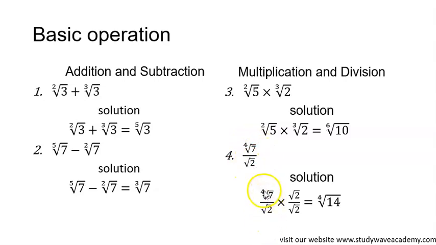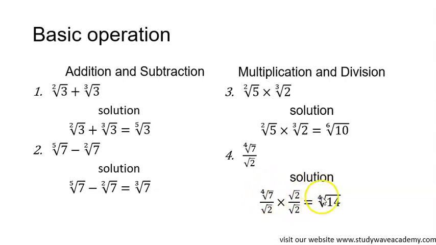That's why we have here the 4 root 7 over square root 2 times square root 2 over square root 2, okay? So this square root cancels this square root and we're left with 4 root 7 times square root 2. There is no 4 to multiply the other here, so we have 4 here and 7 times 2 is going to give us 14.